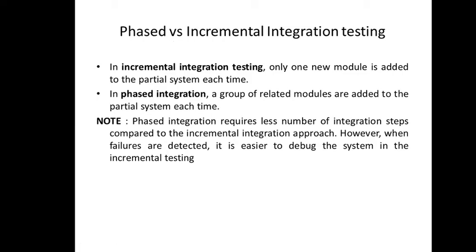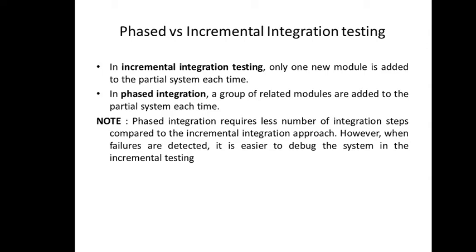Let's assume in the module dependency graph, layer 1 has module M1. Layer 2 has M2 and M3 modules. Layer 3 has M4 and M5 modules, right? So the modules could be n in number. In incremental, I'll add only one module at a time. But in phased, I'll add all the modules in a particular layer.